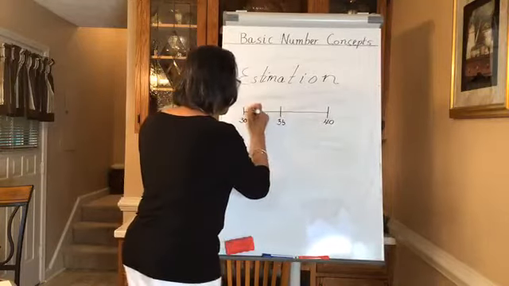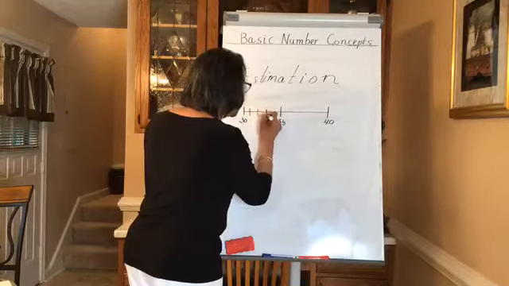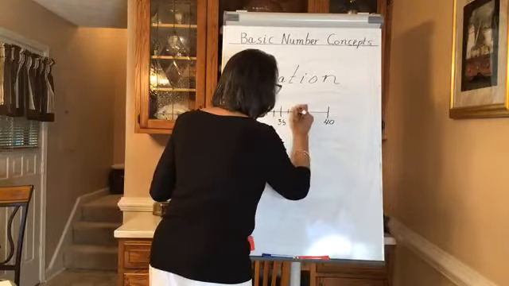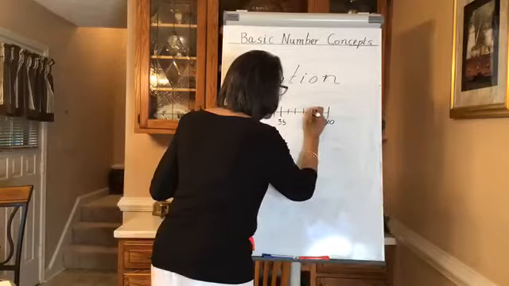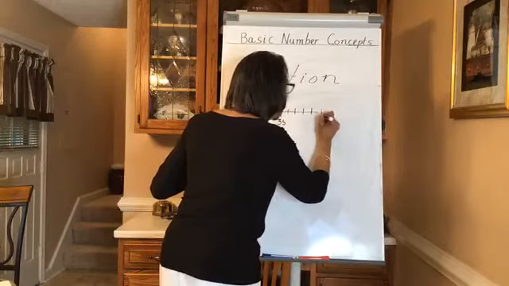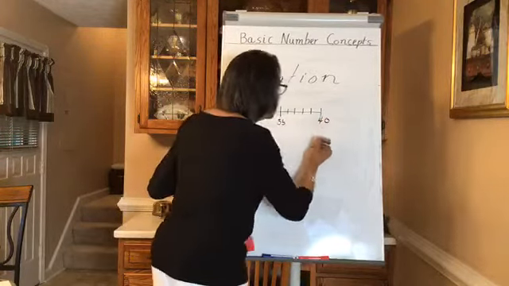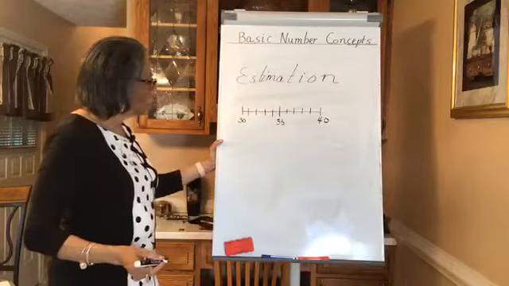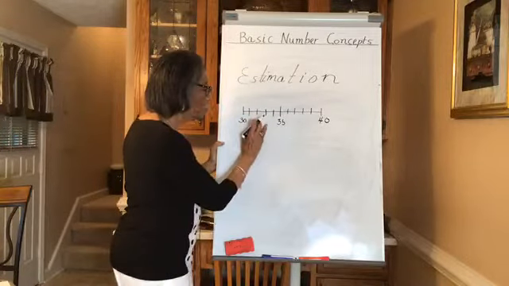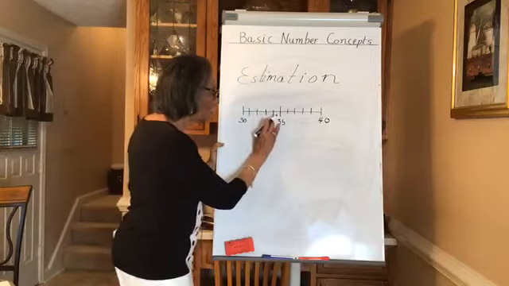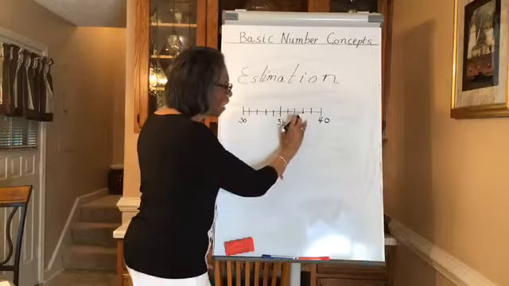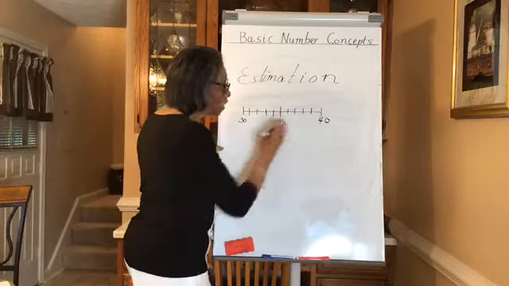And then I'm going to have 1, 2, 3, 4, 6, 7, 8, 9. And I'm going to put that 40 a little closer. 40. All right. So I didn't write all the numbers between, but we know this is 31, 32, 33, 34, 35, 36, 37, 38, 39, 40.